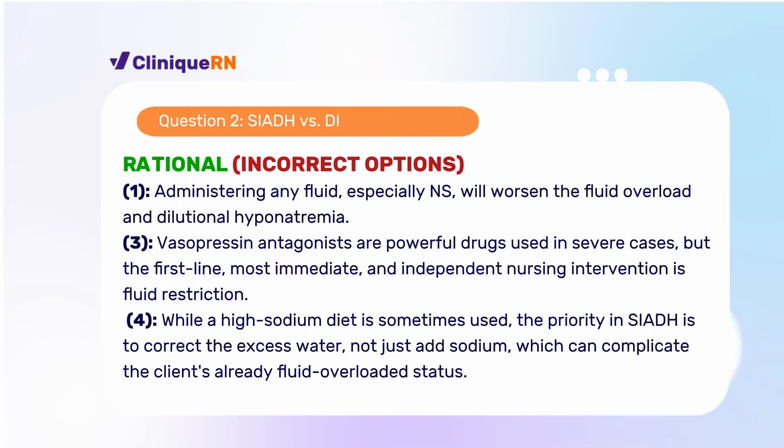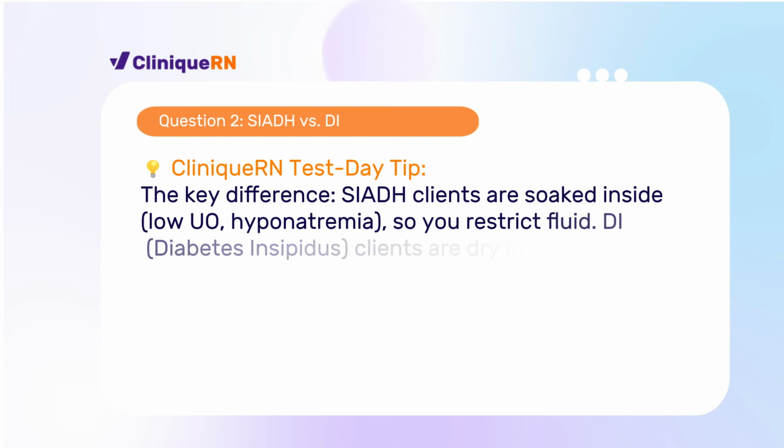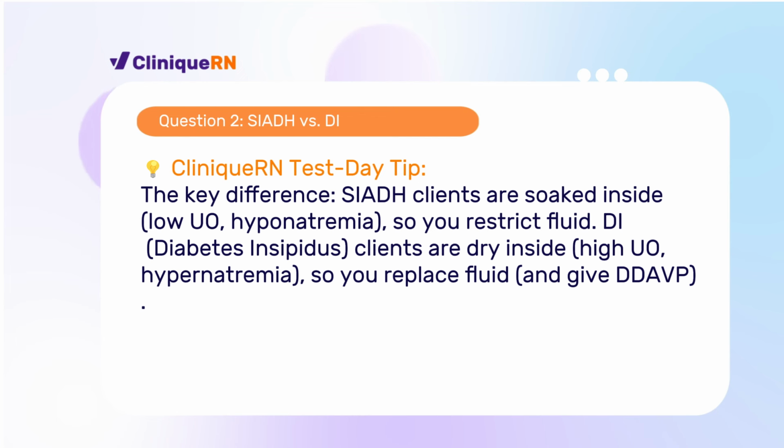While a high-sodium diet is sometimes used, the priority in SIADH is to correct the excess water, not just add sodium, which can complicate the client's already fluid-overloaded status. Clinique RN test day tip. The key difference: SIADH clients are soaked inside, low UO, hyponatremia, so you restrict fluid. DI, diabetes insipidus, clients are dry inside, high UO, hypernatremia, so you replace fluid and give DDAVP.